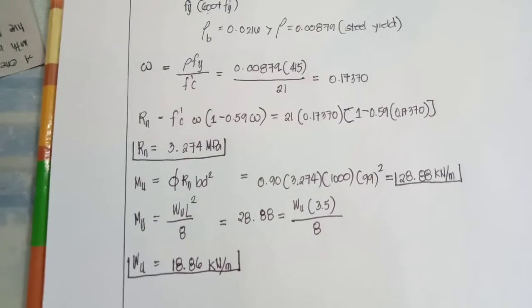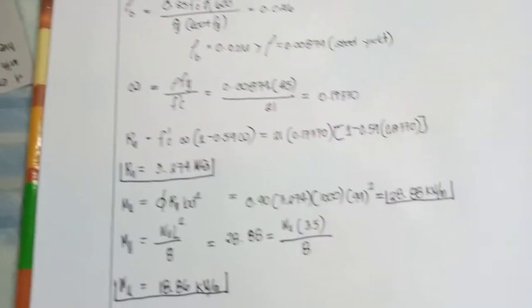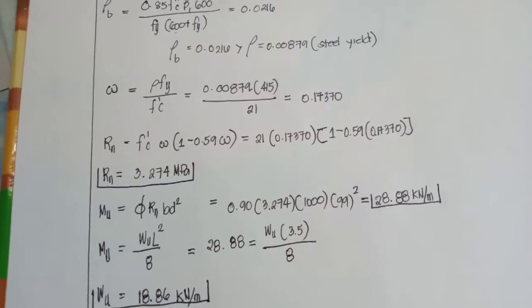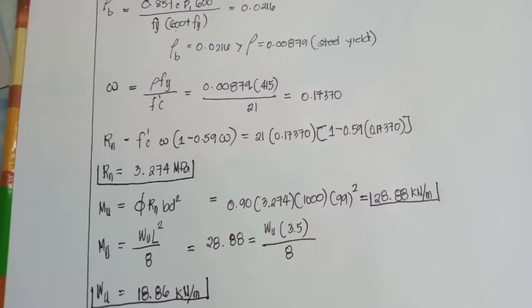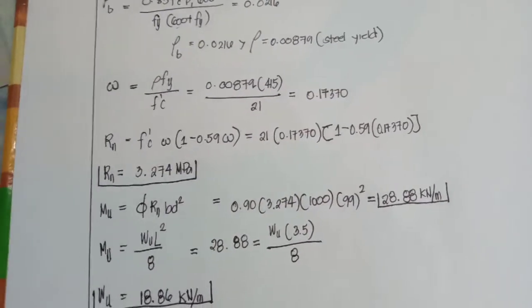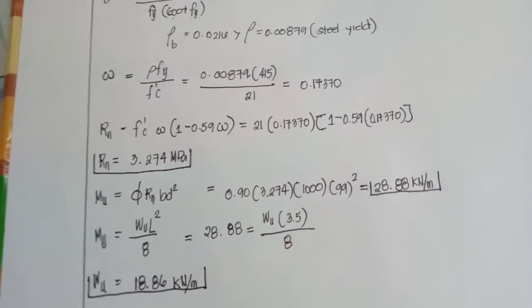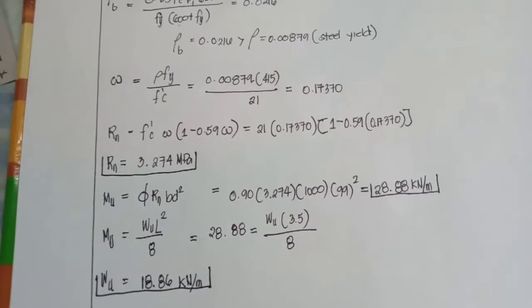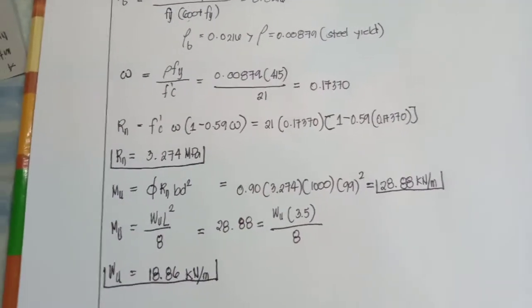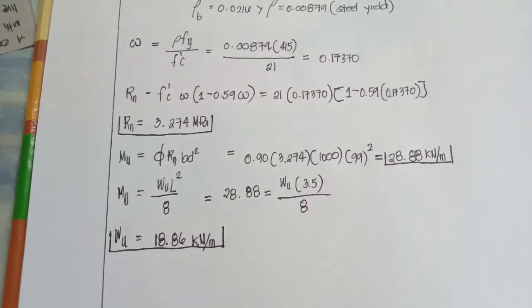By that we can solve the value of the coefficient of resistance with the formula Rn equals Fc prime times omega times 1 minus 0.59 omega, and we obtain the value of the coefficient of resistance as 3.274 megapascals.